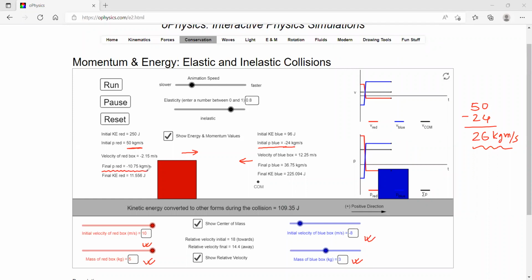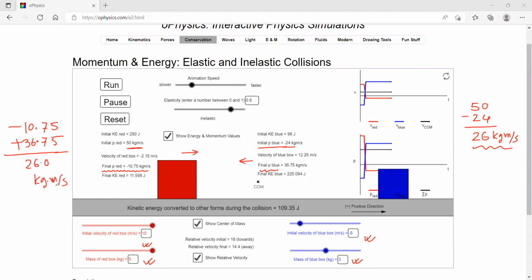The momentum of the red is minus 10.75, and the momentum of the blue one after the collision is plus 36. If you add them together, you see that it is exactly 26 kilogram meters per second.